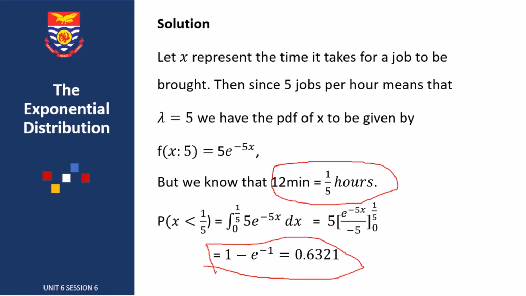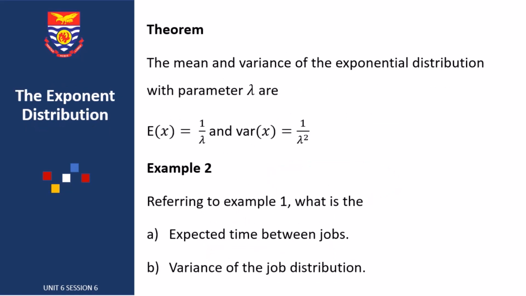When you take your time and work the algebra carefully, substituting in the values one after the other, you're going to get it correctly. Don't be scared. Good. Let's make progress. The mean and the variance of an exponential distribution with parameter lambda are very simple.